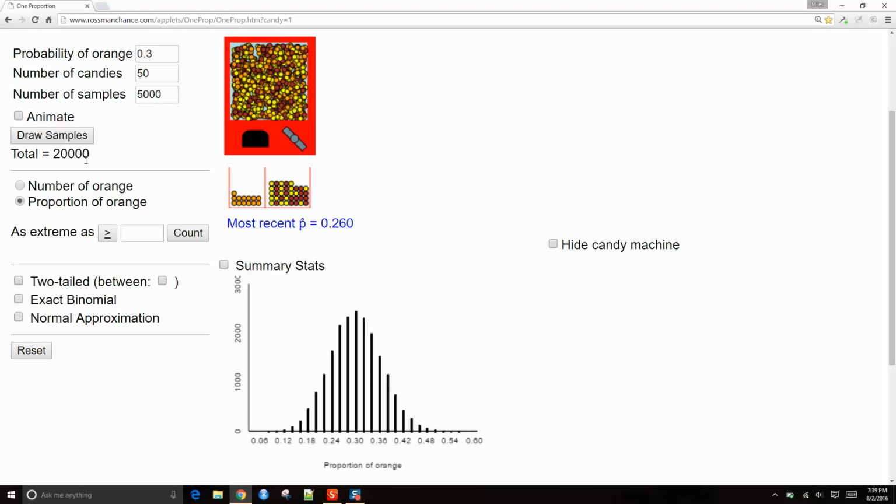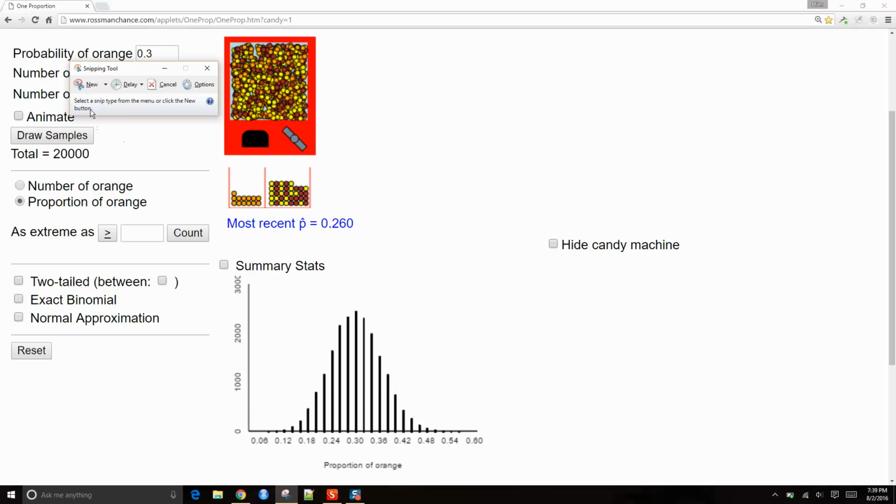Even after 20,000 simulations, we never got a sample that was 100% orange, or even 60% orange. I guess it could happen after maybe 1 million or 1 billion simulations, but after 20,000 simulations, that had not happened.